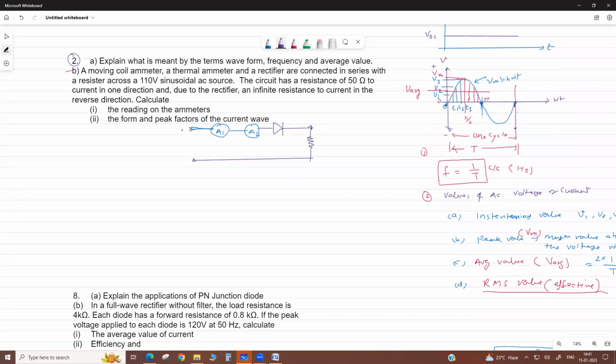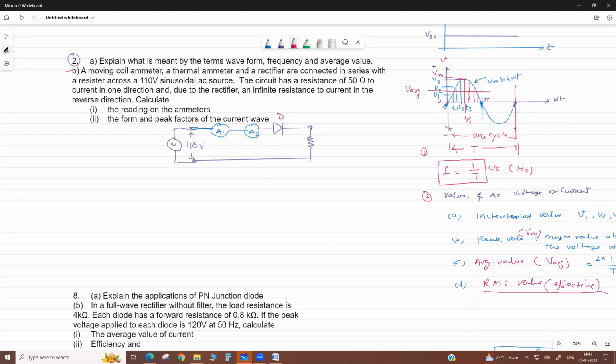Now here is the sinusoidal voltage, 110 volt. When this voltage is applied and current flows, the diode is forward biased.